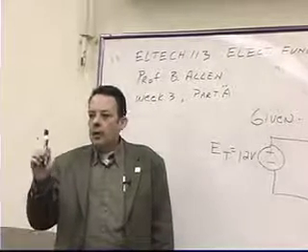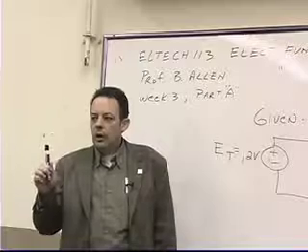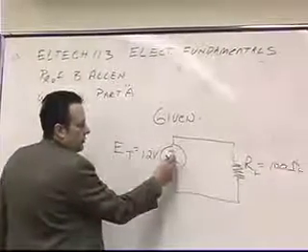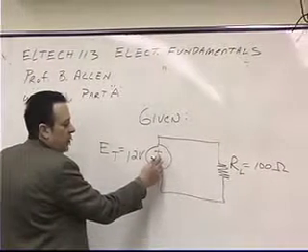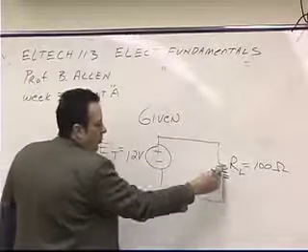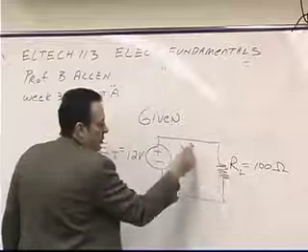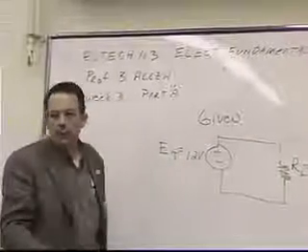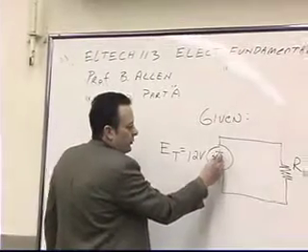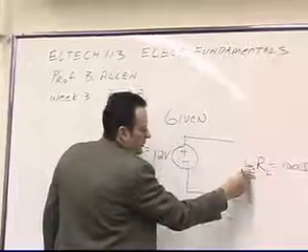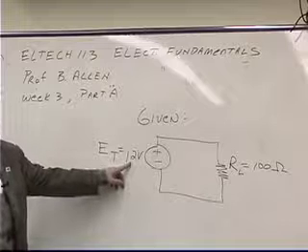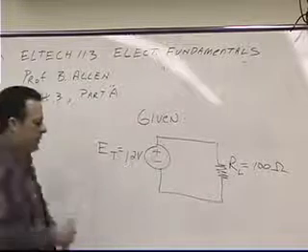The easier way to remember Kirchhoff's voltage law is that the source voltage must be equal to the sum of the voltage drops around the loop. Well, there's only one place that there's a voltage drop if you ignore the wires. So if this voltage must be equal to this voltage, then how many volts is across that resistor? 12 volts.